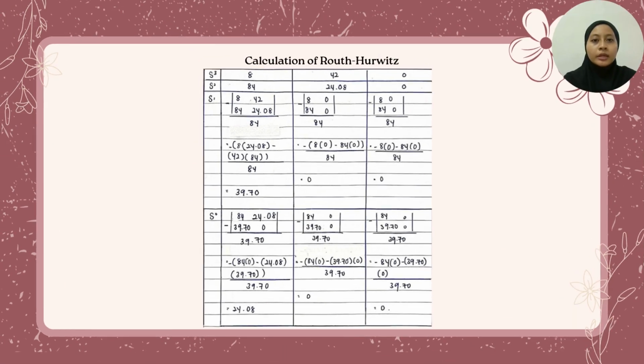So this is the calculation of Routh-Hurwitz. S cubed: 8, 42. S squared: 84, 24.08. S to the power of 1: the answer is 39.70, 0.